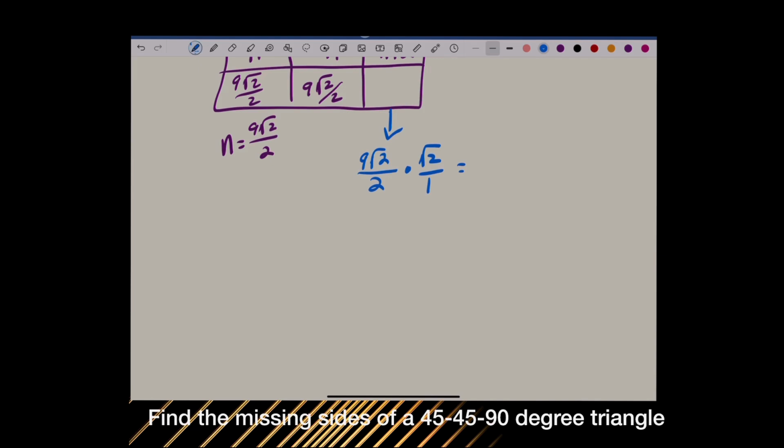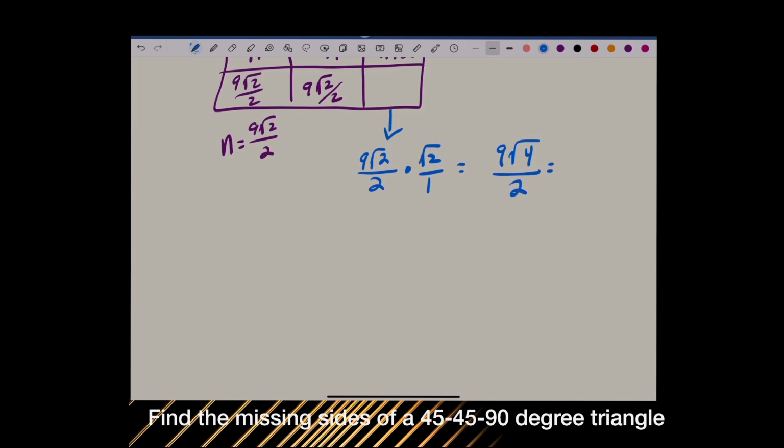Multiplying fractions is no problem. Take the top times the top and the bottom times the bottom. 9 is outside. There's nothing outside, so this is 9. Radical 2 times radical 2 is radical 4. In our denominator, 2 times 1 is 2.